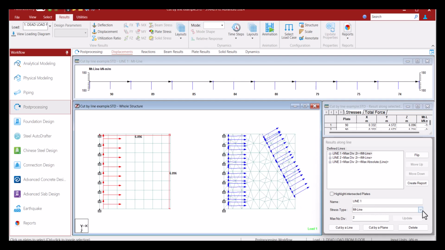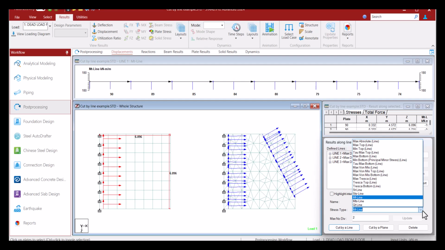And here you can see the type of stress. Obviously, the moments can be interpreted as a stress and also the forces. There are a lot of different types of stress. This is very much similar to the plate stress that you can see in the post-processing file in a normal scenario. Now here you can see all the different types of stresses, secondary stresses like principal stresses, von Mises stresses, Tresca, maximum, absolute, and so on.